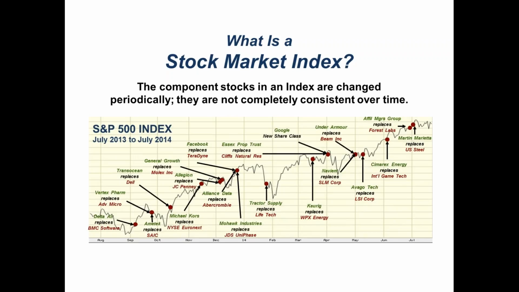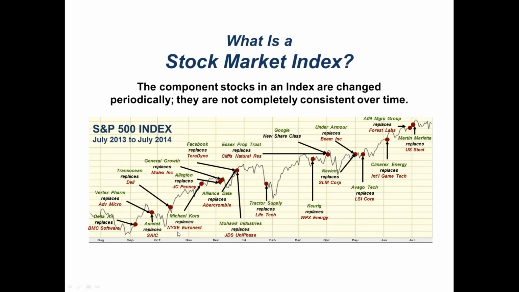This is the changes in the S&P 500 index in one year, from July of 2013 to July 2014. What we're seeing is they're constantly pulling stocks off the index and putting other ones on. So we can just pick a spot here.